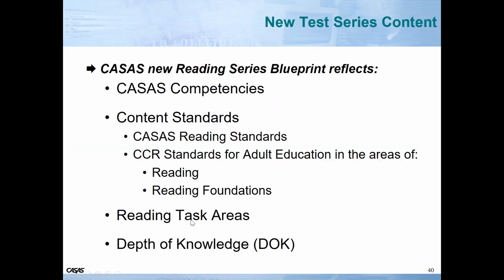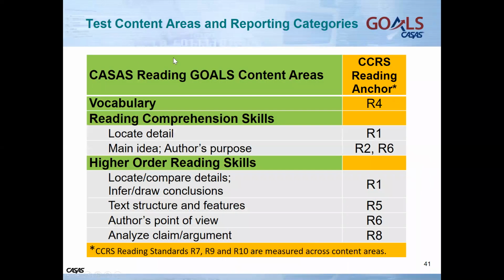We still have our task areas, that is the format of the reading passage, and those come out in the reports. And then there's a focus on depth of knowledge so that there is enough of the higher order thinking skills incorporated.